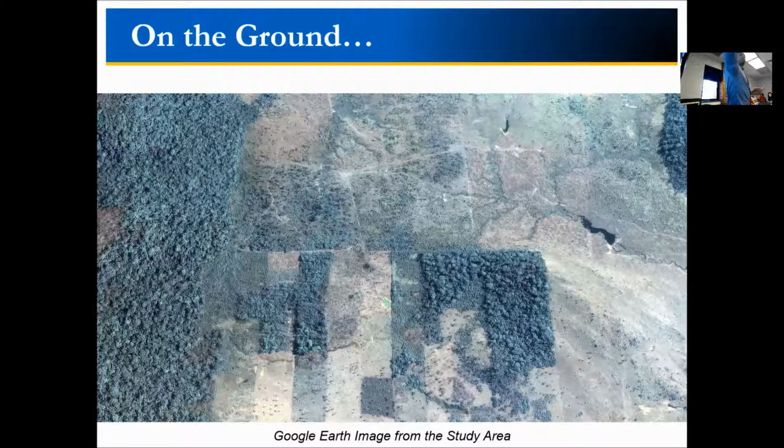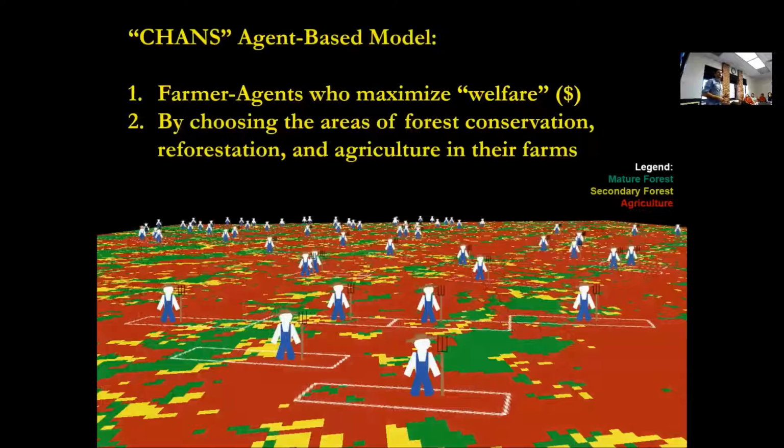You can see the property boundaries here, and you have a lot of pastures, some regeneration happening. And in the model, I have farmer agents. They look like this, and they try to maximize welfare by choosing the areas of forest, reforestation, and agriculture.